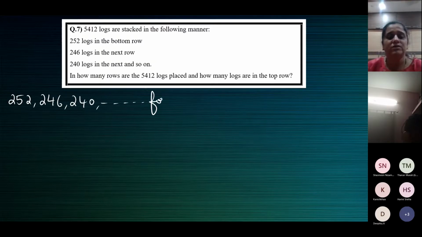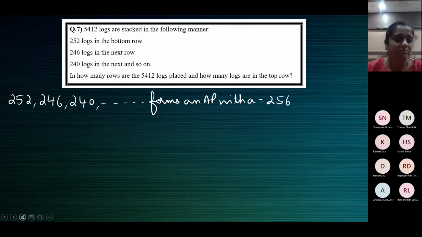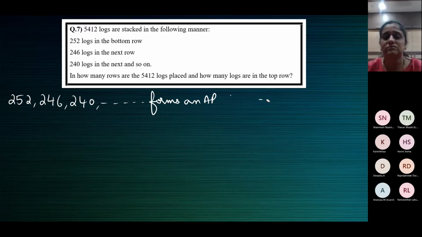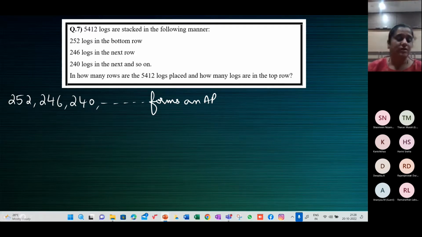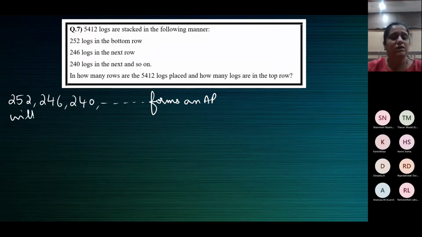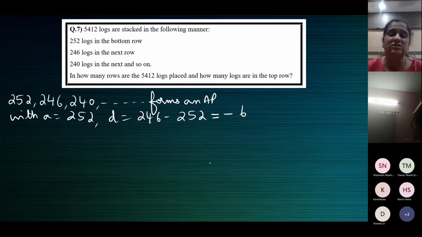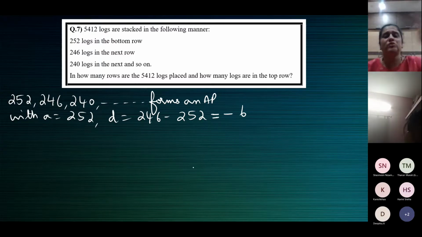This forms an AP with a equal to 252 and d equal to 246 minus 252. So it's minus 6. Don't be hesitant about getting a negative, because the number of logs keeps reducing, right?